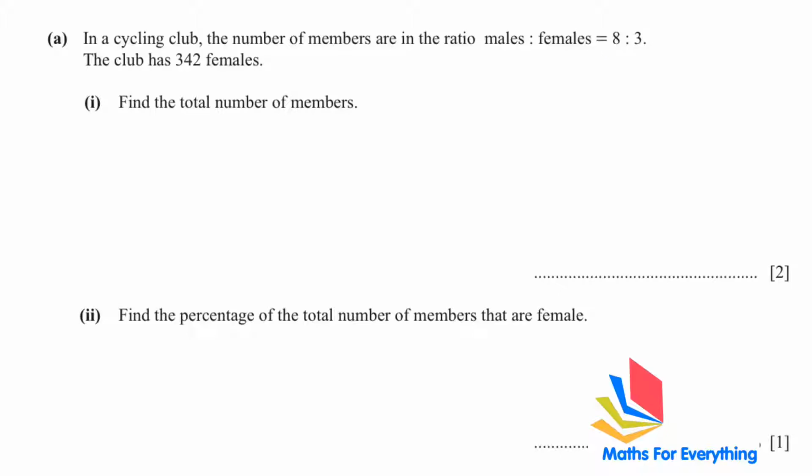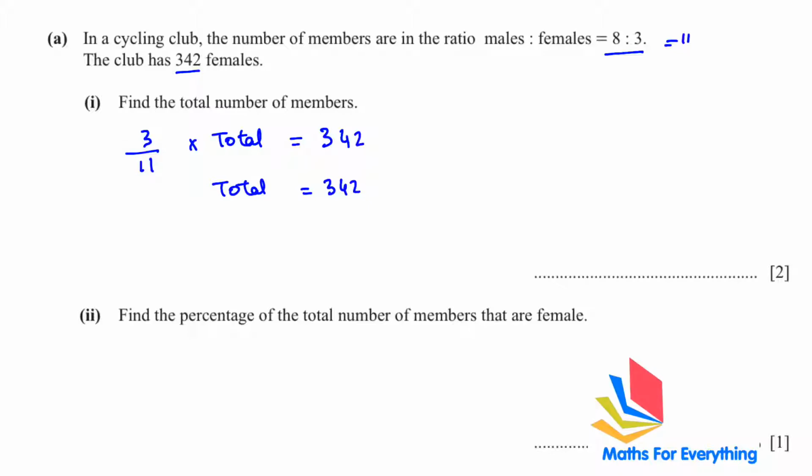What are the total parts that the members have been divided into? 11. 8 plus 3, 11. Out of that, 3 parts are women. 3 parts of the total members are women. And the number of women, 342. So to find the total, remember this is a divide.